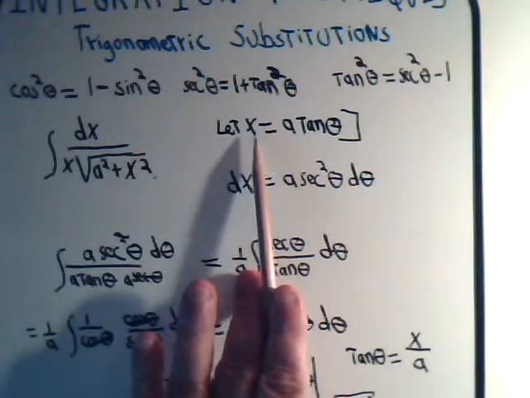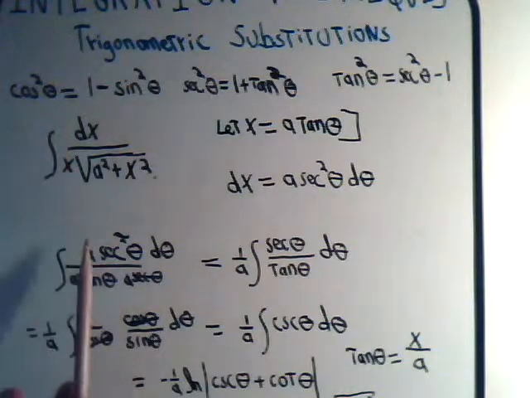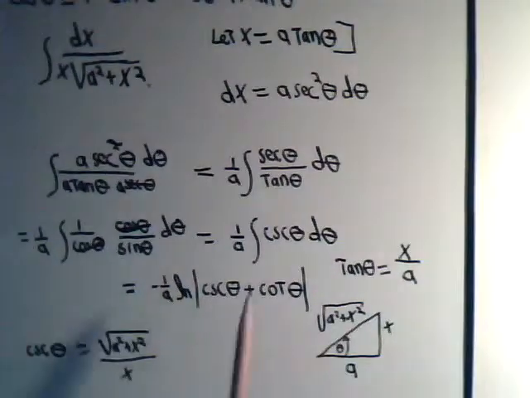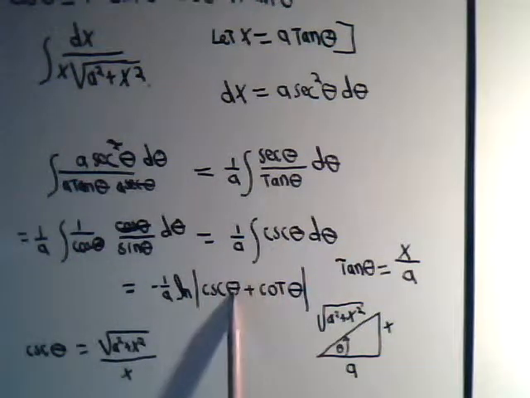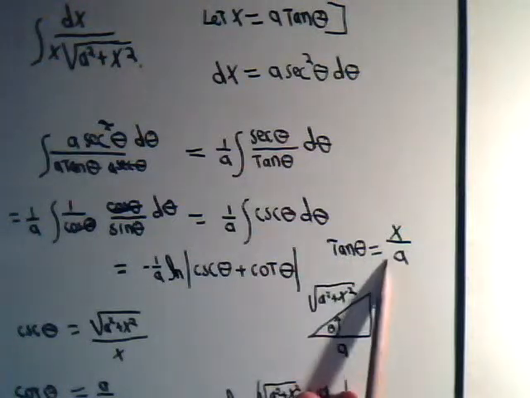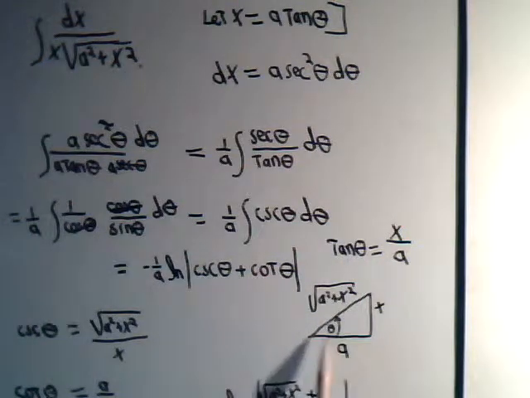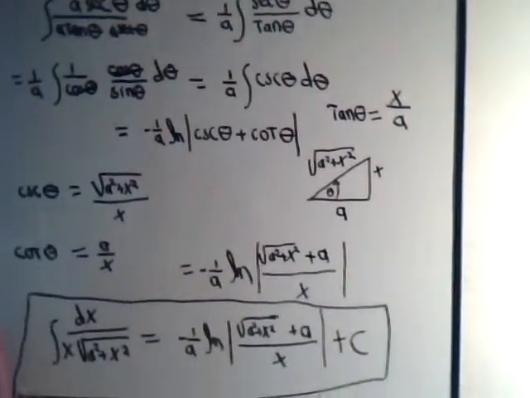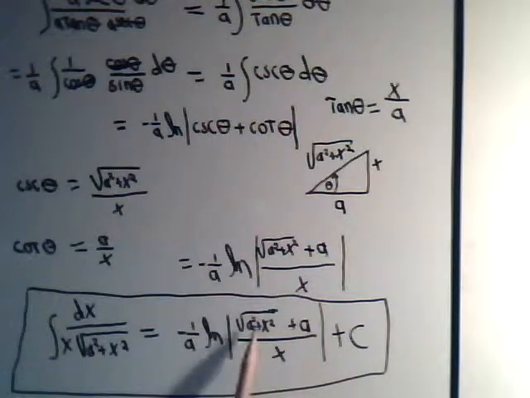We follow through with the substitution, transform our integral into a trig integral, which eventually became this, which we could solve, and go back to our original substitution to construct a triangle, so we can use the triangle to convert this into the x variables and get this, which is the solution to our original integral.